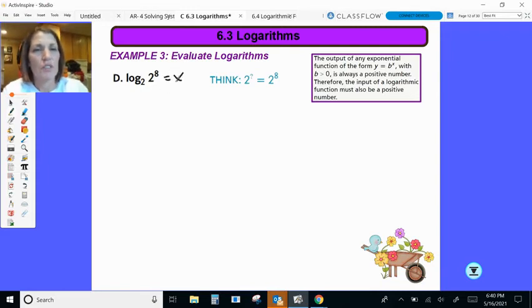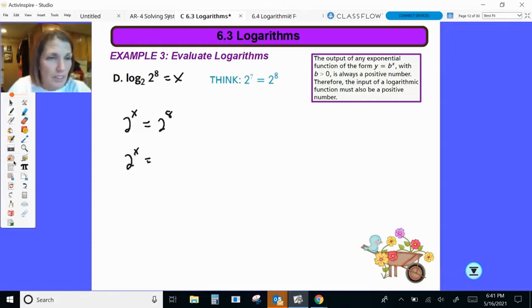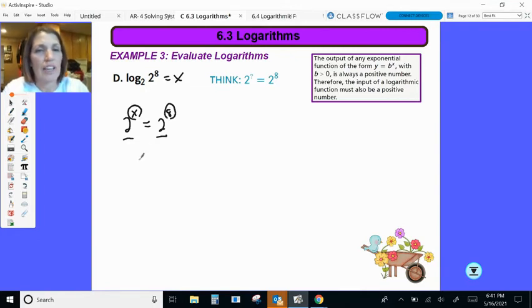How about this guy? What would this be equal to? 2 to the x power equals 2 to the 8th power. We're going to learn some properties about this in a little bit. We already have the same bases, so x already equals 8.